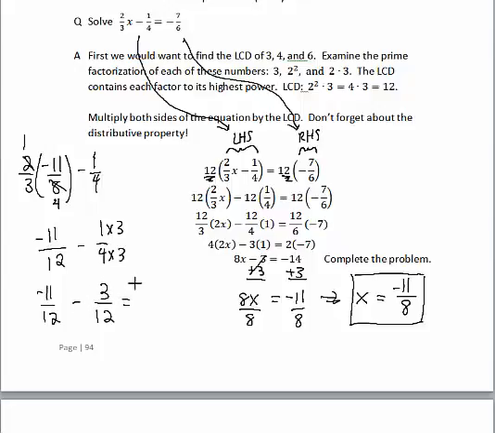Negative 11 minus 3 is negative 14 over 12. Each of these numbers is divisible by 2. And so 14 over 12 reduces to 7 over 6, which is exactly what we have on the right hand side. So our solution checks out.